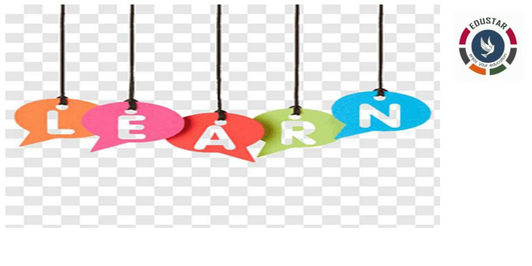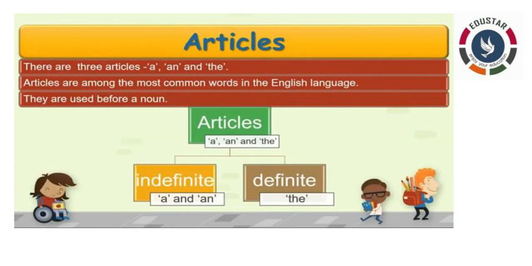Before starting with part 2, we will have a quick recap on what we have done in the previous session. Articles. A and the are the articles. They are the most commonly used words in the English language. They are used before a noun.